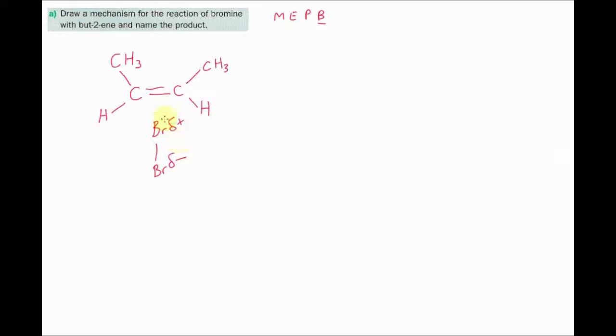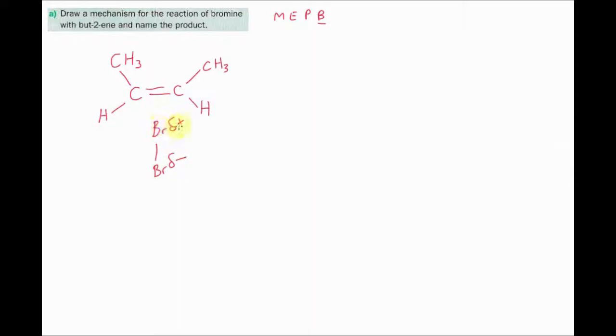Normally in bromine, of course, because the two atoms have the same electronegativity, there's no overall permanent dipole. But here a dipole has been induced by that negative charge on that double bond, which has pushed the electrons towards this bromine, like that.